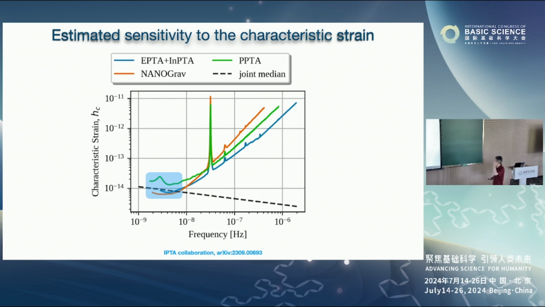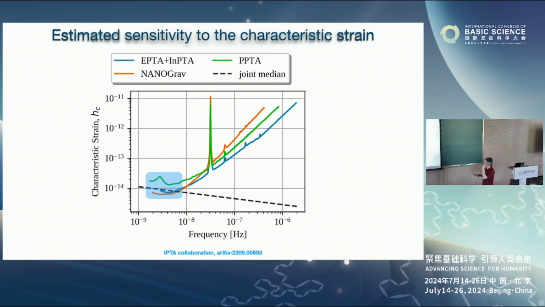Here we see the strength of the signal as the dashed line, and these three curves are the sensitivity curves for the three different Pulsar Timing Arrays. We see that the PPTA has the worst sensitivity. That's why the PPTA cannot give evidence for this gravitational wave background signal.